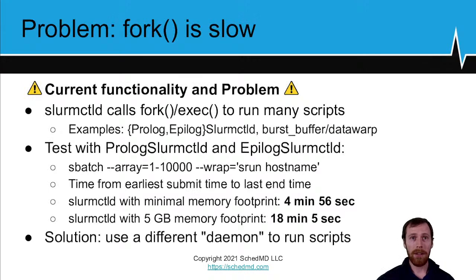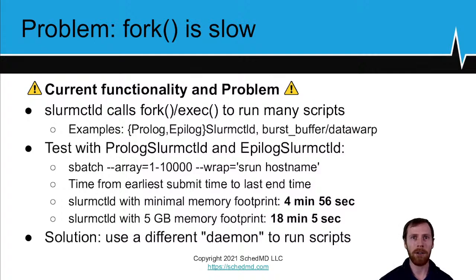So the motivation for slurmscriptd, I'll go over that first. The fork call is really slow. slurmcontrolD calls quite a few different scripts, such as prolog, epilogue, slurmctld, and burst buffer DataWarp scripts.